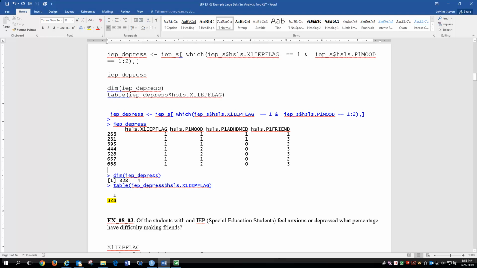I'm not concerned about the others. I check the dimensions, and how many students are there? There's 328. IEP is all the 1s, and the moods are the 1s and 2s. So we don't care about the other 2 variables this time. So we find there's 328 of them.